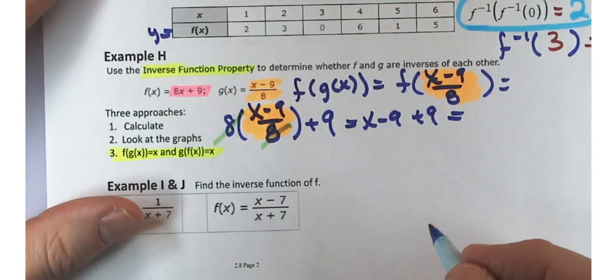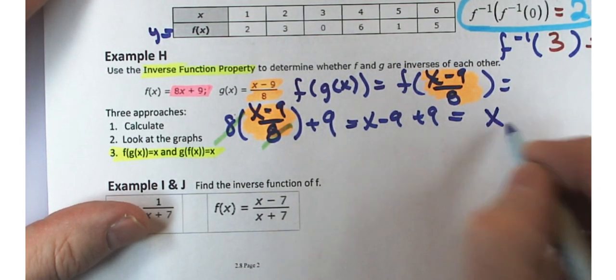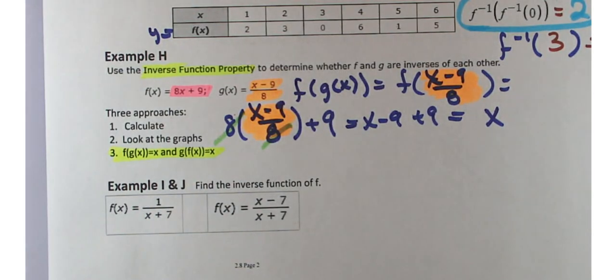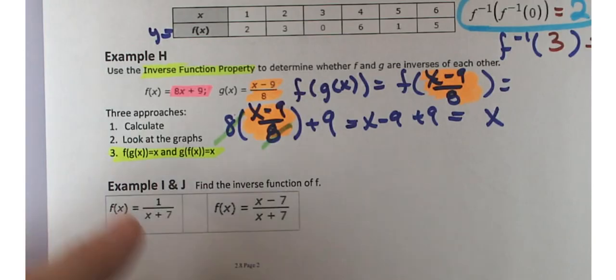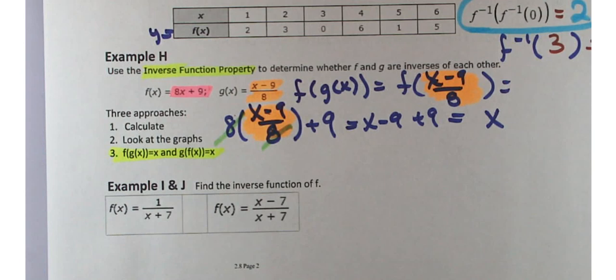Someone want to bust out a graphing calculator for me? Add those two together. All right. You're just left with x, right? Okay. So it worked one way. F of g of x gave me x. Great. Let's see if it works the other way.